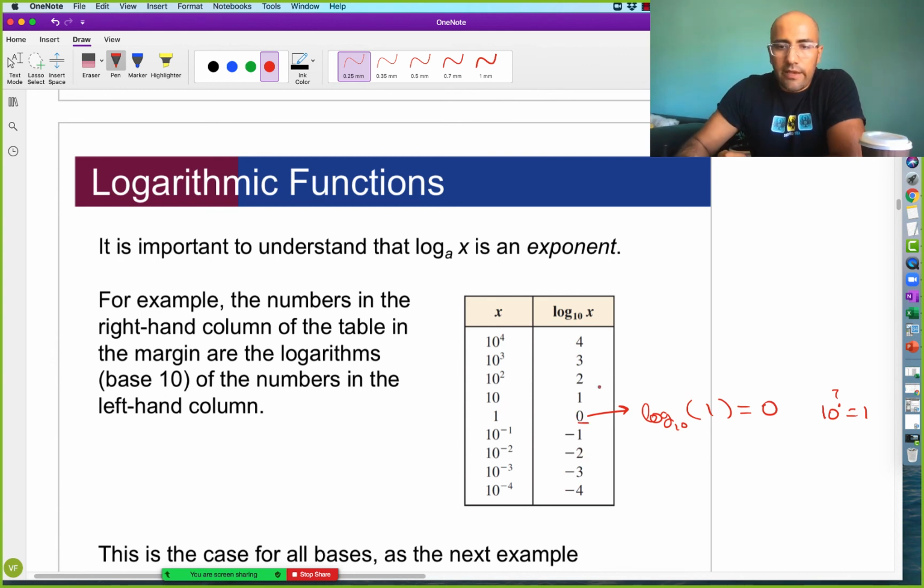Good. And then let's say this guy right here. This is log base 10 of 10 squared, and we know 10 squared is the same thing as 100. So that's the same thing as asking you log base 10 of 100 equals what? These both are saying the same thing.